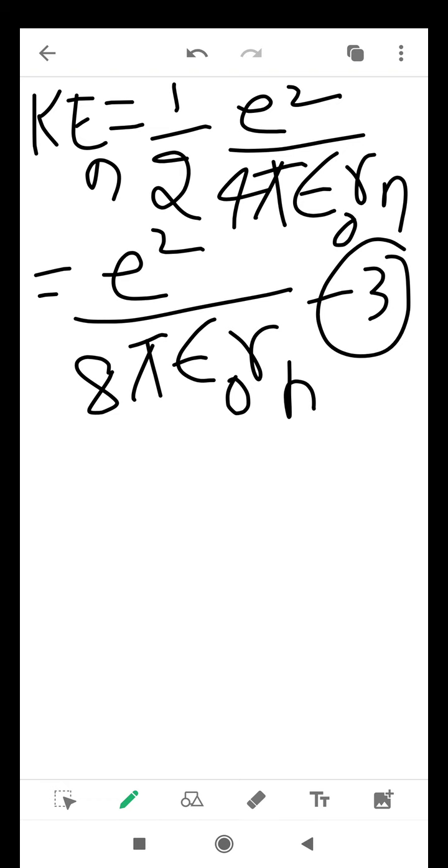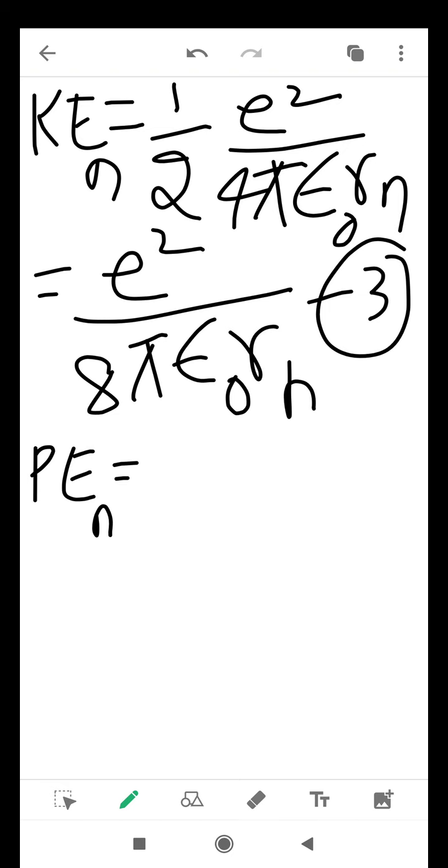Now we'll find the expression for the potential energy. The potential energy is given by the electrostatic potential at the nth orbit due to the nucleus of hydrogen atom, multiplied by the charge on the electron. I have given this in the last video, so go through that video.